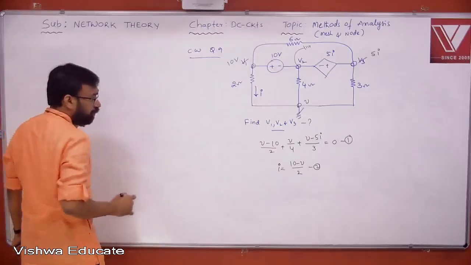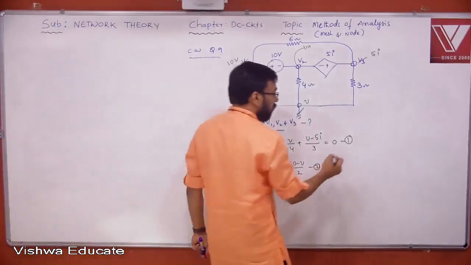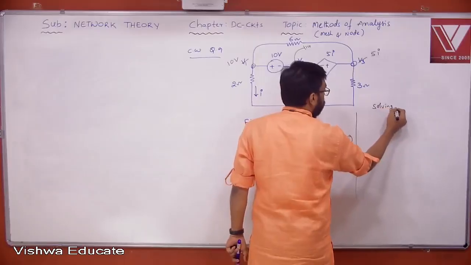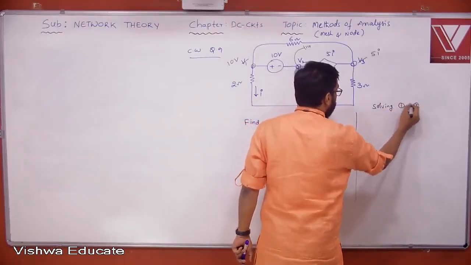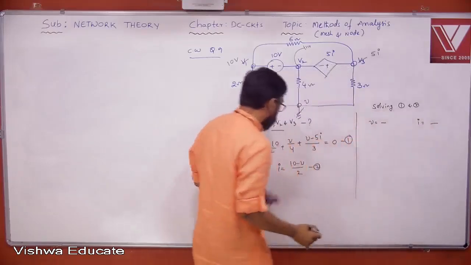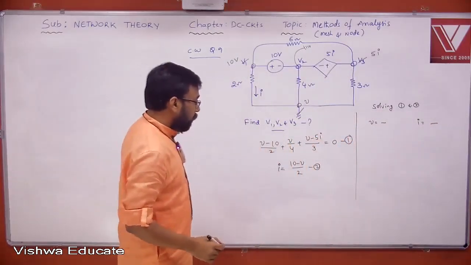Solving 1 and 2 here. Please tell me what is V and what is I. Just solve it and tell the value.